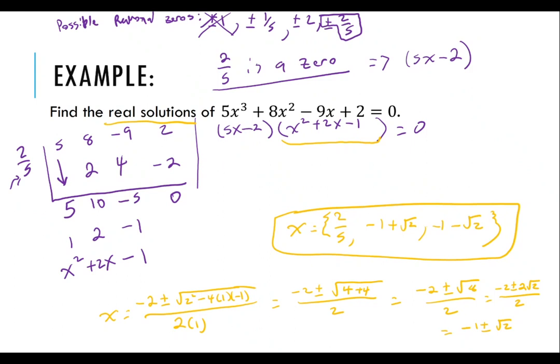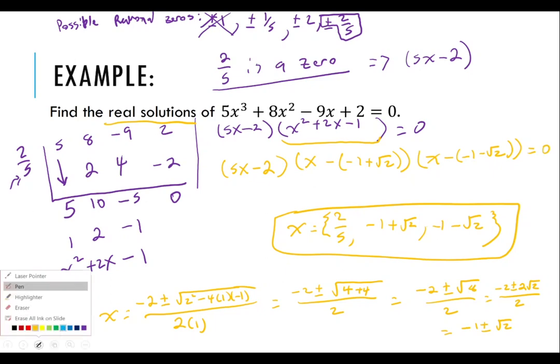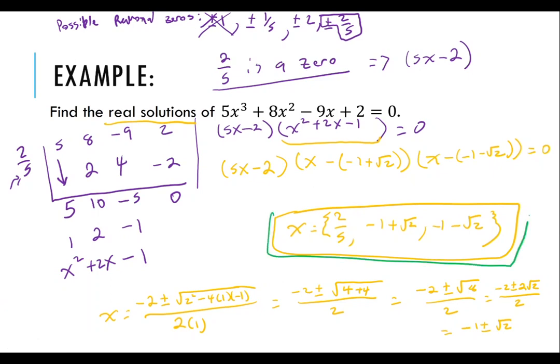And so this could be written as 5x minus 2 times x minus the zeros, -1 plus root 2, times x minus the other 0, -1 minus root 2. And so if we needed a completely factored form, there's that. But notice that if we were just looking for all of our zeros, they are here. And these are all of our real solutions.